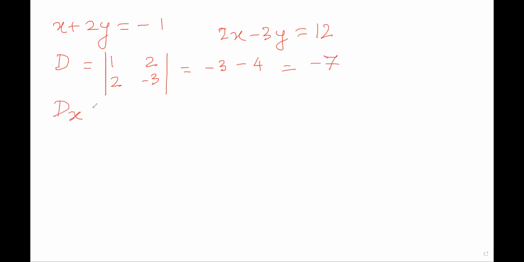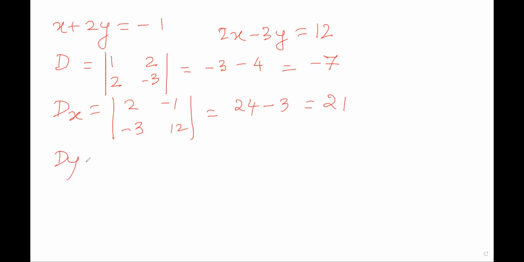Look at Dx now. Dx would be minus 1, 2, 12, minus 3. So this will be 12 times 2, 24, minus 3 into minus 1 is plus 3. So this will get 21 here.